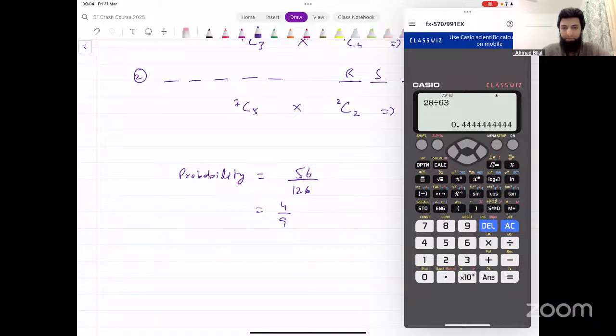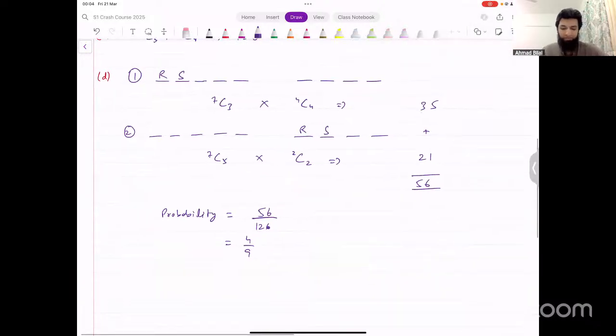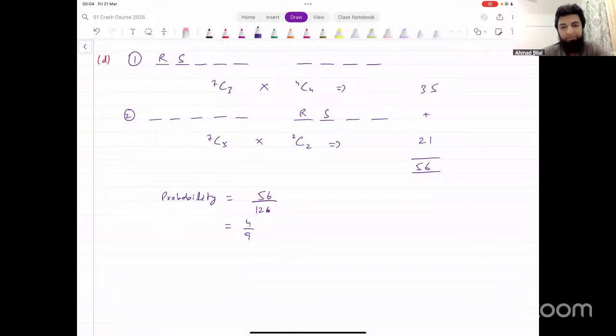Three significant figures. And that's the final answer. Any problem with this? Is this all right? Clear to everyone? Now let's do a couple more tricky ones, and then we end.